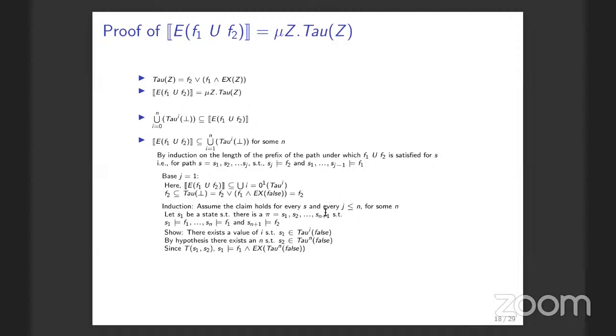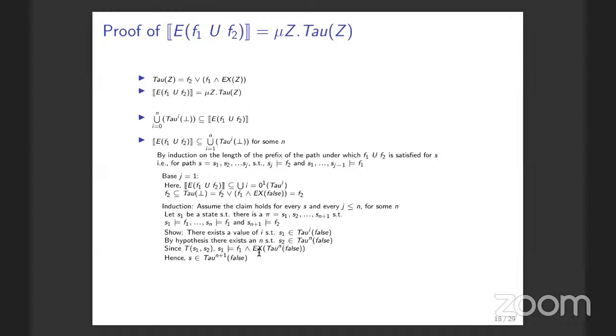So that's how you'll have to establish the proof. Therefore, I'm sorry, this should be S2. Because of this they are related by this transition relation, and that will satisfy Ex.